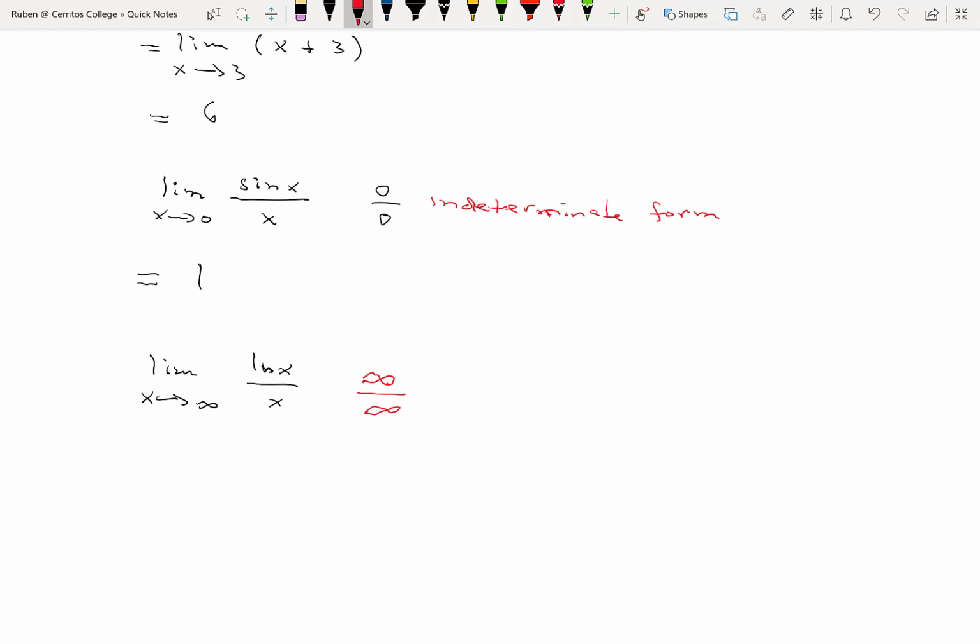This is also an indeterminate form. You cannot determine the value of this limit simply by saying that infinity over infinity equals 1, because there's no such thing as a fraction with infinity in the numerator or denominator. So this is indeterminate.